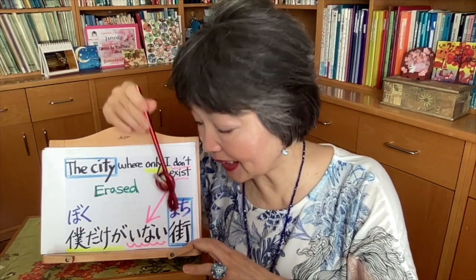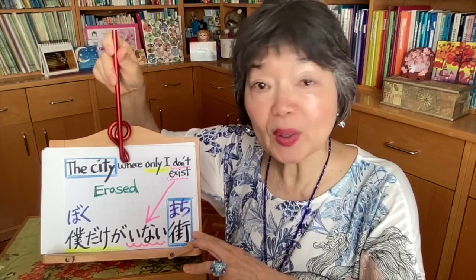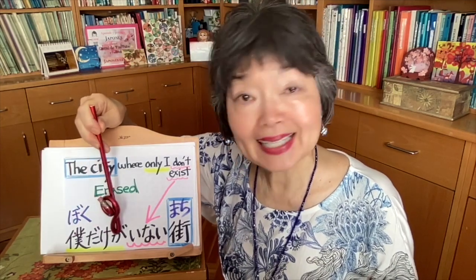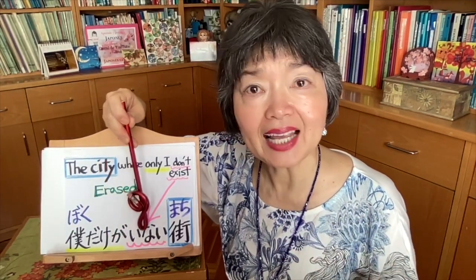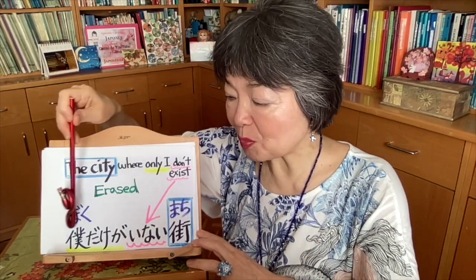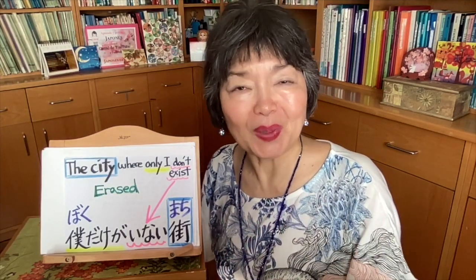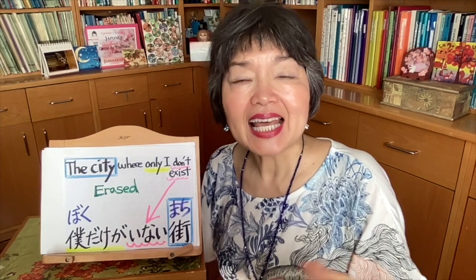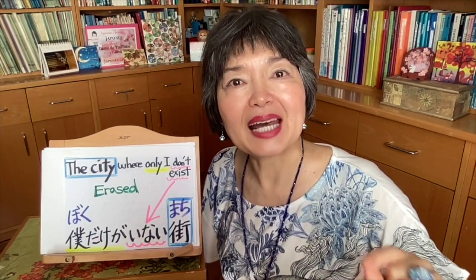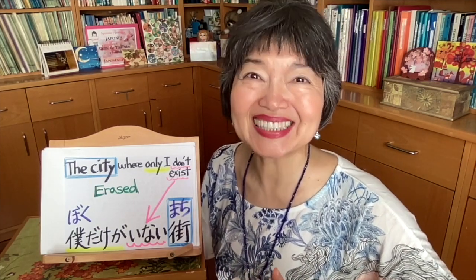Literally it means the city where only I don't exist. 僕だけが, only I, いない, doesn't exist. 街, the city. 僕だけがいない街, Erased. This is a very good one, mysterious, and also to avoid some assassinations. A boy goes back to the past, and so it's a very interesting one.